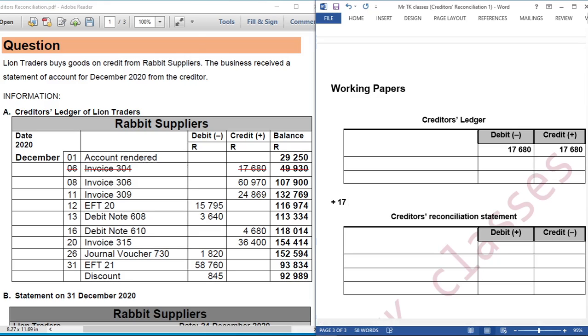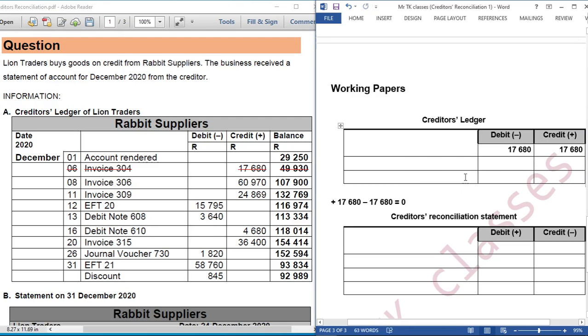So this is the entry that was already there, which is plus 17,680. So this is the entry that we have made to reverse this, and this is minus 17,608. This will give us 0. So we would have eliminated this invoice.